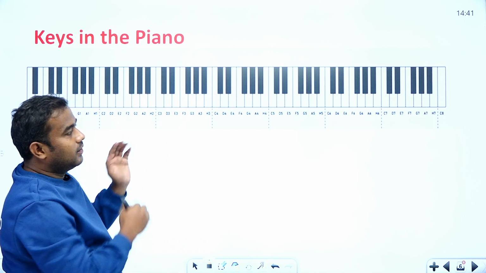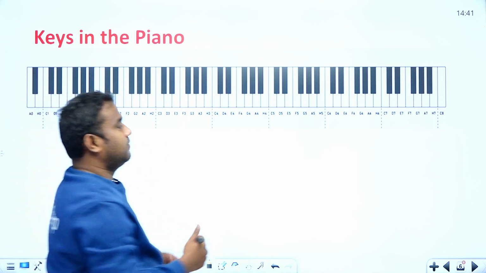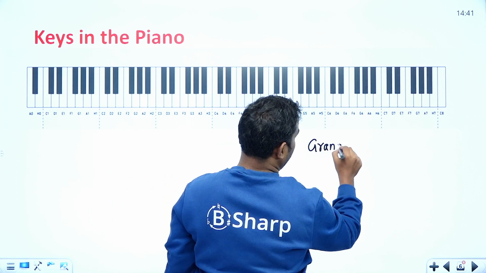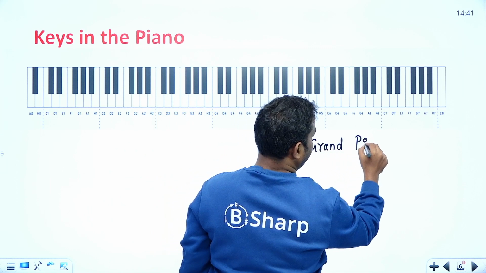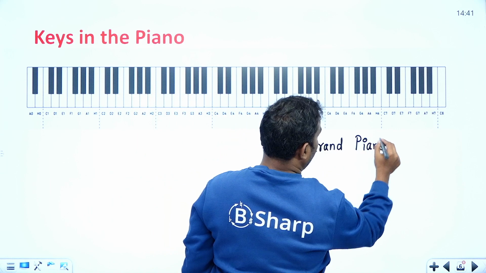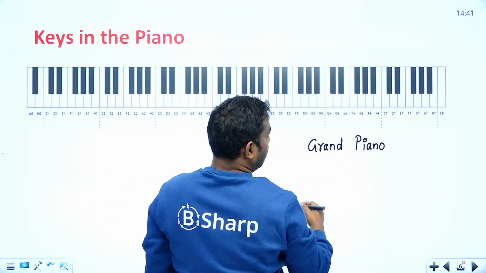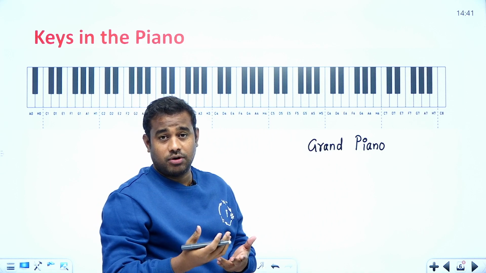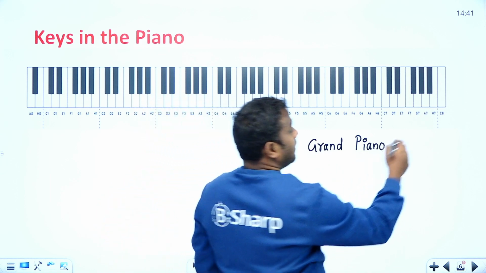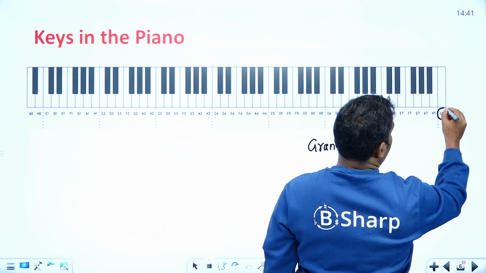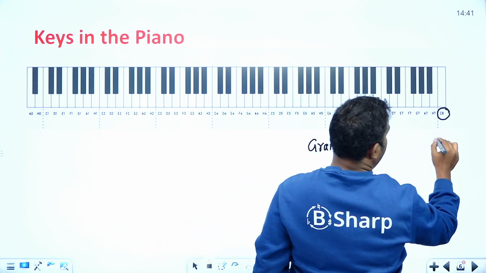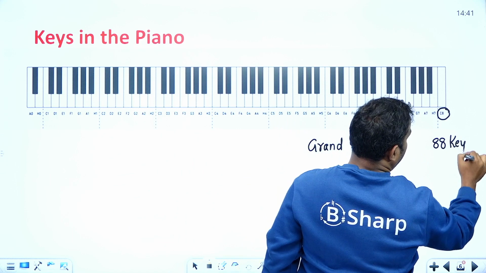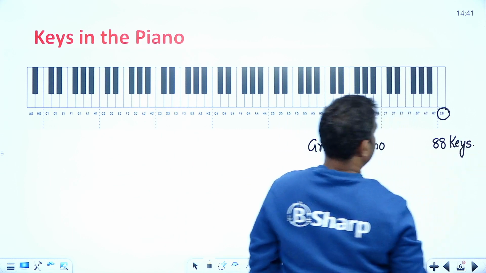Normally, if you take any piano, for example a grand piano, or any keyboard, like a Yamaha or Casio keyboard, you will observe that the maximum number of keys, if you count them, is 88.